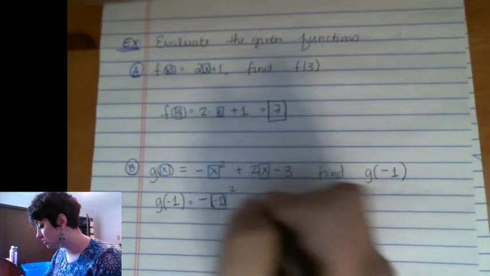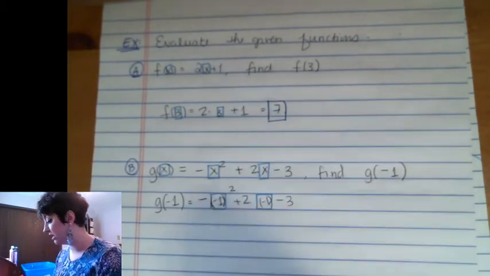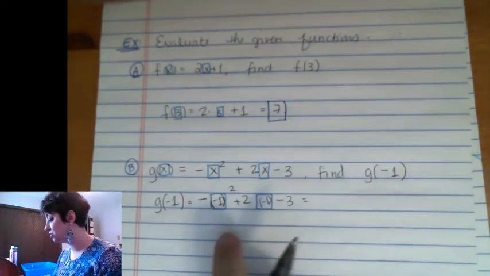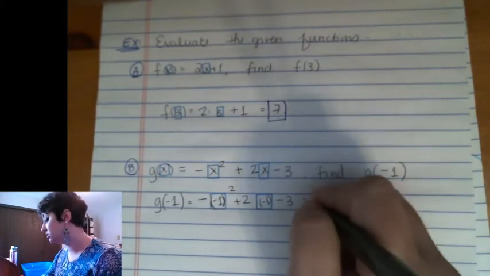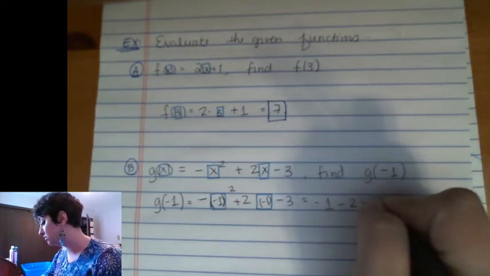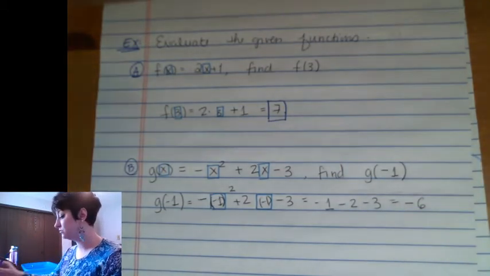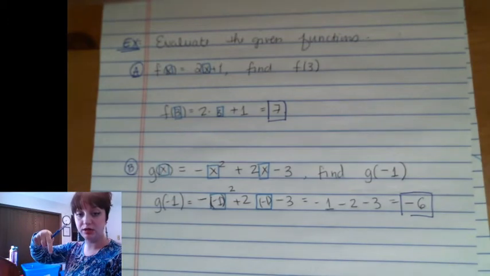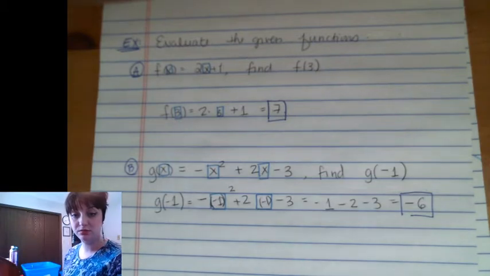Negative (negative 1) squared plus 2 times negative 1 minus 3, right? Make sure you're careful with your parentheses. So negative 1 squared is 1, but I still have the negative. 2 times negative 1 is minus 2, minus 3, so I get minus 6. So what that means is if I plug in negative 1 into my G machine, it spits out the number negative 6.